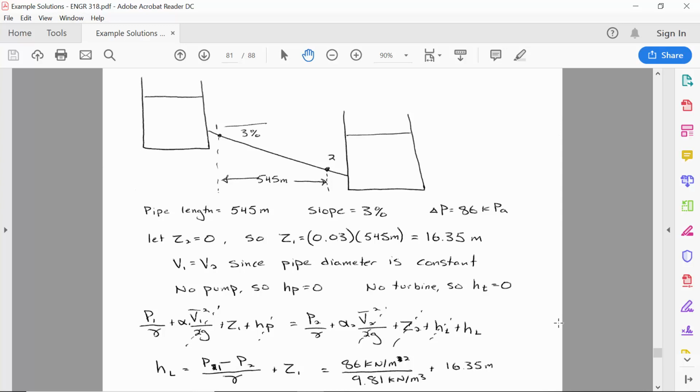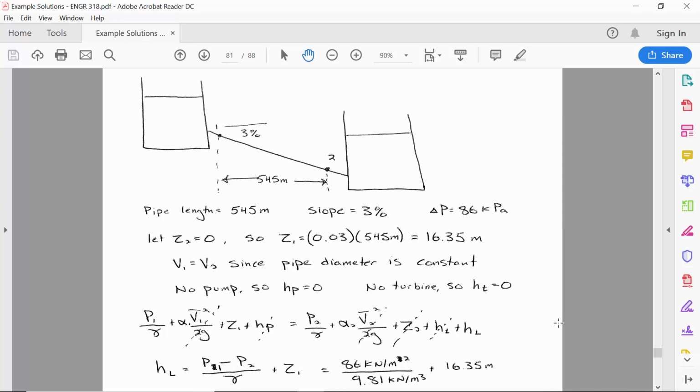All right, so what pressure was measured? What we know is the measured pressure difference was 86 kilonewtons per square meter. That's the units of pressure. And then the unit weight of water is 9.81 kilonewtons per cubic meter. Now I could have converted that to newtons per square meter and this to newtons per cubic meter, but if it's in kilonewtons in both the numerator and the denominator, then I don't need to switch it necessarily.